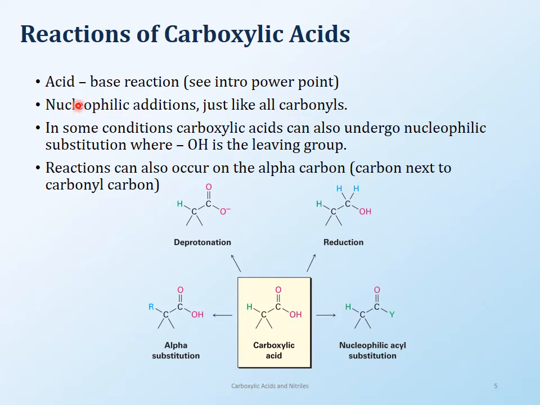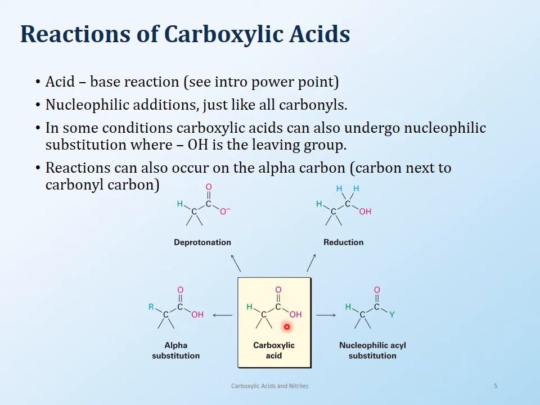You can also have nucleophilic additions, just like any other carbonyl. So in aldehydes and ketones, we were doing nucleophilic addition. So this is like a nucleophilic addition here. And remember, when you do a nucleophilic addition, the carbonyl will give you an alcohol. Okay, and then things will add on to this carbon. In certain conditions, you can also have substitution going on, all right?